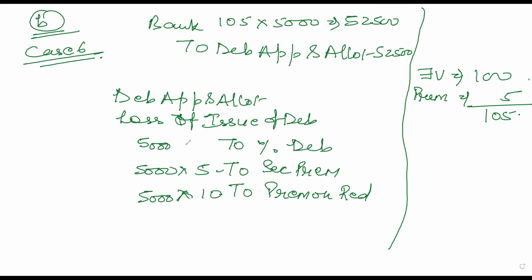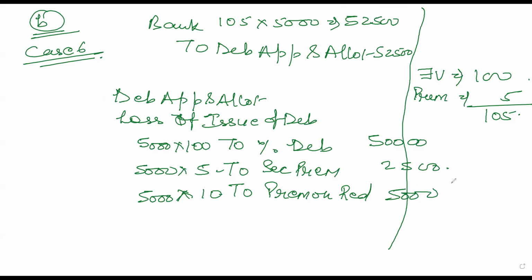What is the face value? Face value is 100. So write down 100 here, and write down the amount. So here we'll write 2,500 and here we will write 5,000, right?